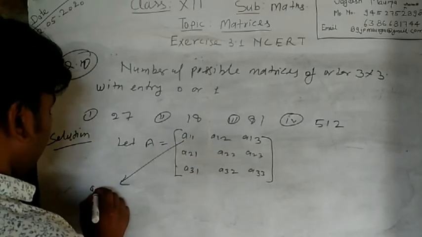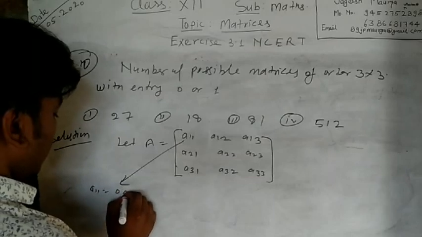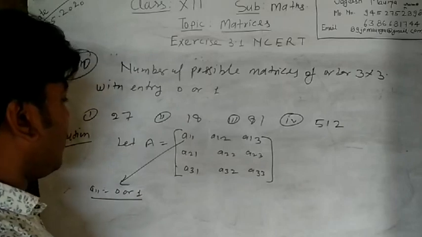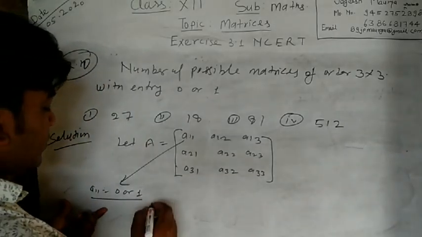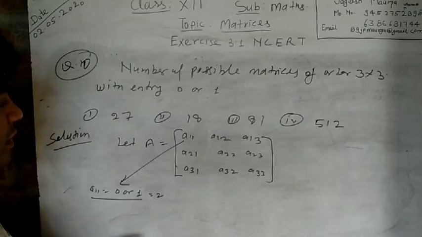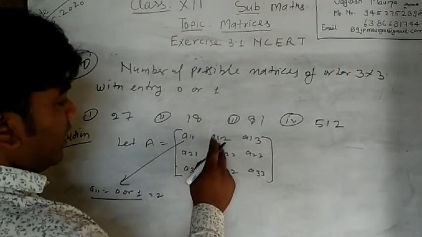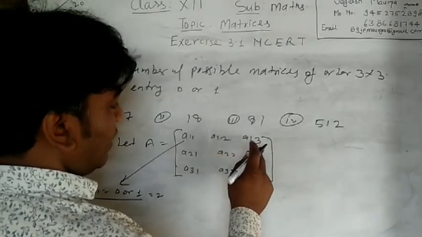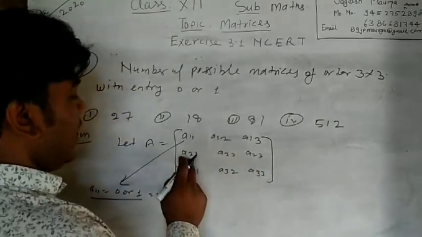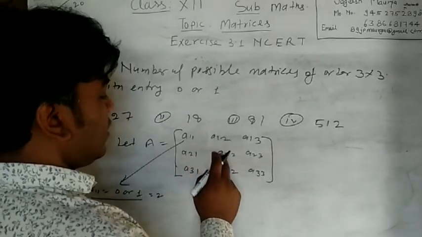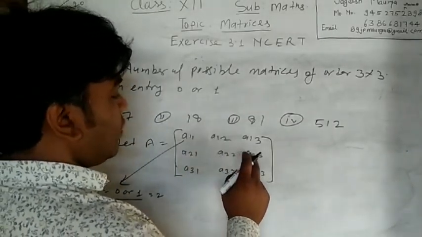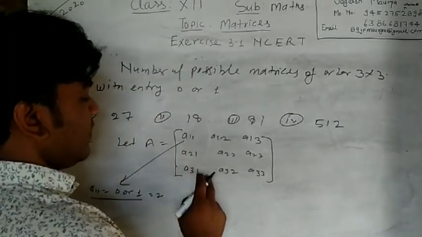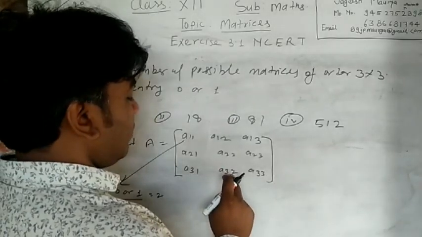A11 equal to 0 or 1. Means there are 2 choices for A11. Similarly, A12 have 2 choices, A13 have 2 choices, A21 have 2 choices, A22 have 2 choices, A23 have 2 choices, A31 have 2 choices, and A32 have 2 choices.